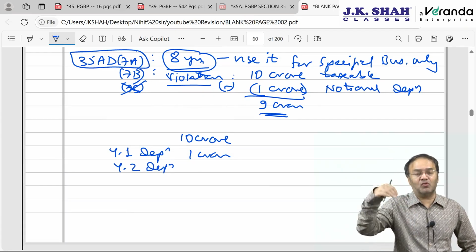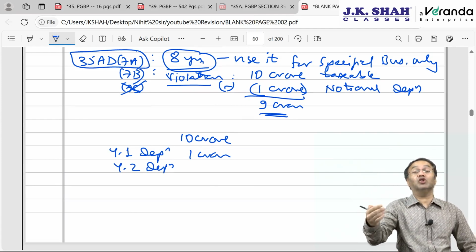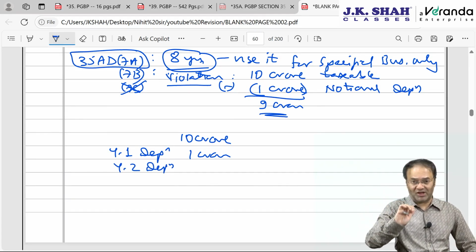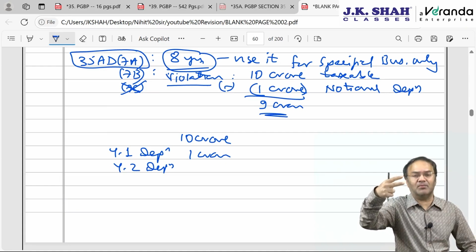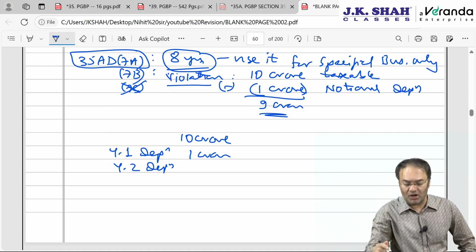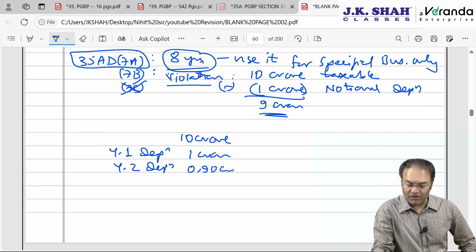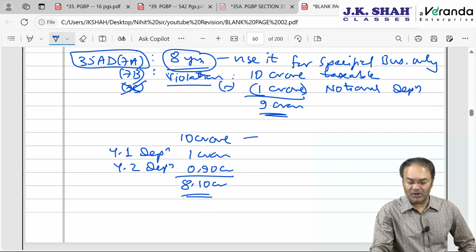Third year I started using that asset for non-specified activity, so how many years are completed? 2 years are completed. So the completed years' depreciation would have been 1.9 crore. So now 8.1 crore would be the amount which will be taxable. So taxable amount will be 10 crore minus notional depreciation up till now for the completed years.